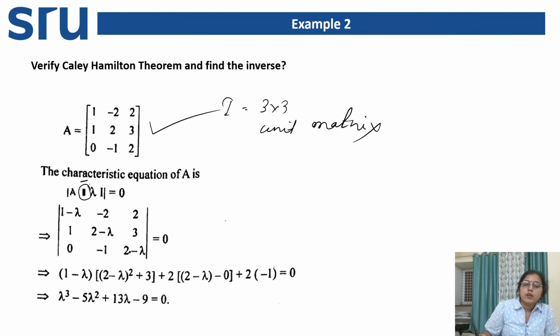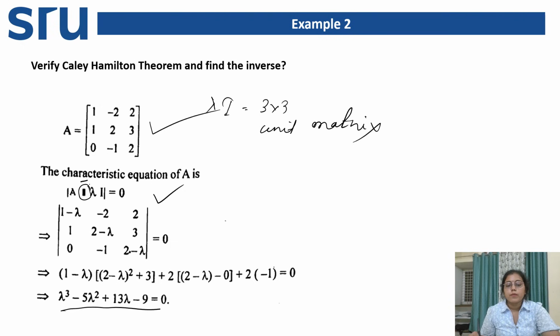Simply you have to do the scalar multiplication with I and subtract it from A, lambda I. So you get this matrix. Once you solve this matrix, you get the characteristic equation. This is your characteristic equation. For the verification, you have to put A in the place of lambda. So you get A cube minus 5A square plus 13A minus 9 equal to 0.